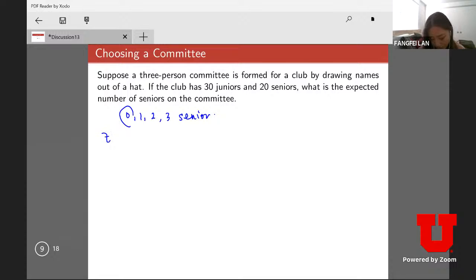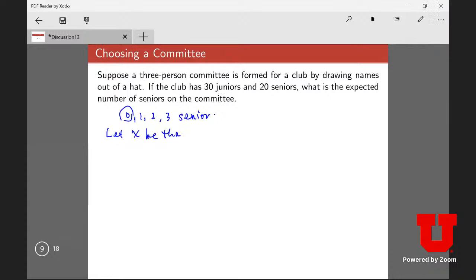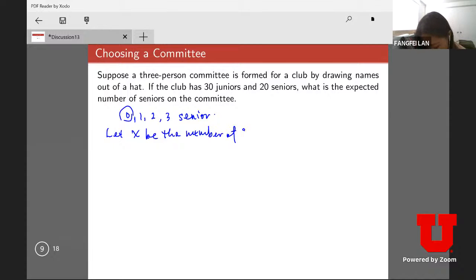but still, let's say we do the same thing: let X be the number of seniors on a committee.